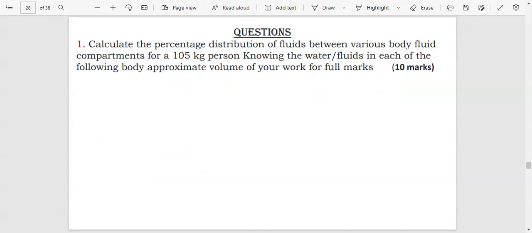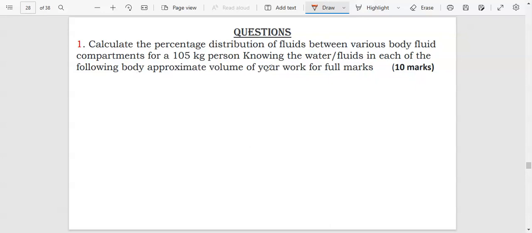Calculate the percent distribution of fluids between various body fluid compartments for a 105 kg person, knowing the water or fluids in each of the following body compartments. The question was also not well punctuated.